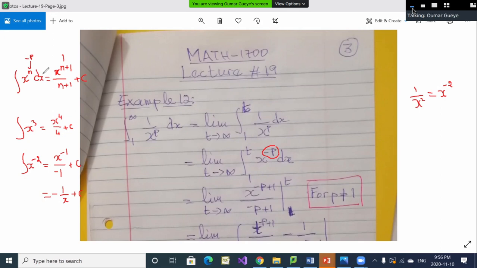Is it okay? Yeah. n equal to -p, that's why you have -p plus 1. The whole thing, the minus sign and the p, are your n. Is it okay?